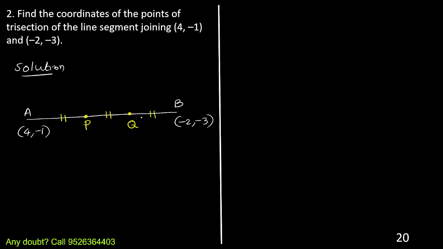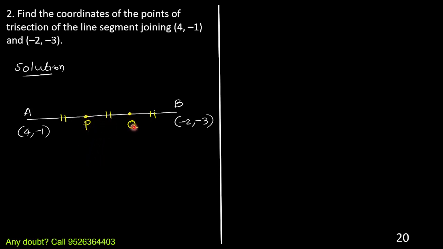If I cut the line segment at P and Q, I will get 3 equal sections, right? What are the 3 equal parts? AP, PQ and QB. I have to cut at P and Q.